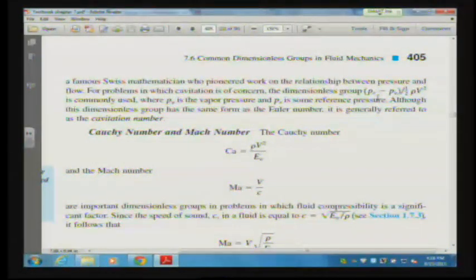But the dimensionless group, p_R minus p_V, divided by 1/2 rho v squared, which, as you can check, would be a dimensionless group. This cavitation number becomes very important in a lot of cases. But I guess the most likely reason that they don't introduce it in the table is it really is a derivative of the Euler number. But we're not going to do the derivation, so we're just going to use it as it sits.